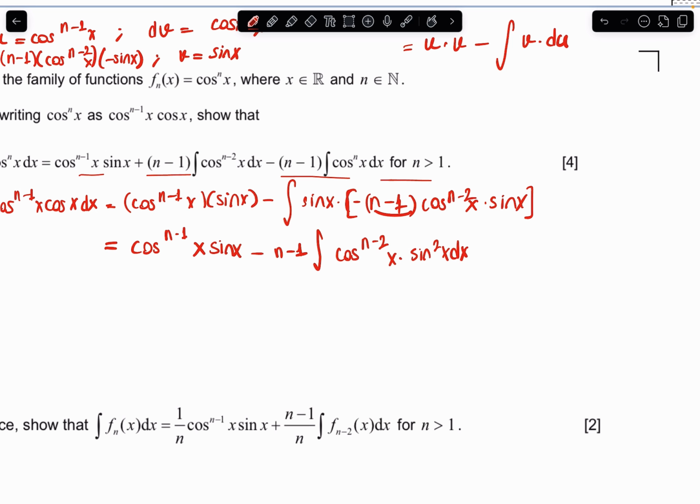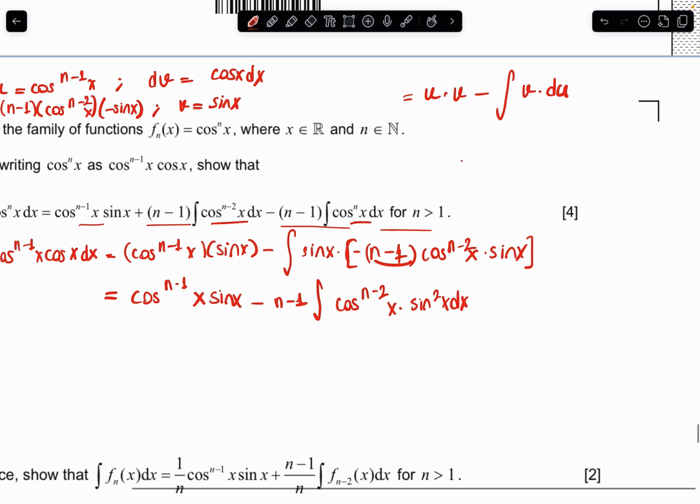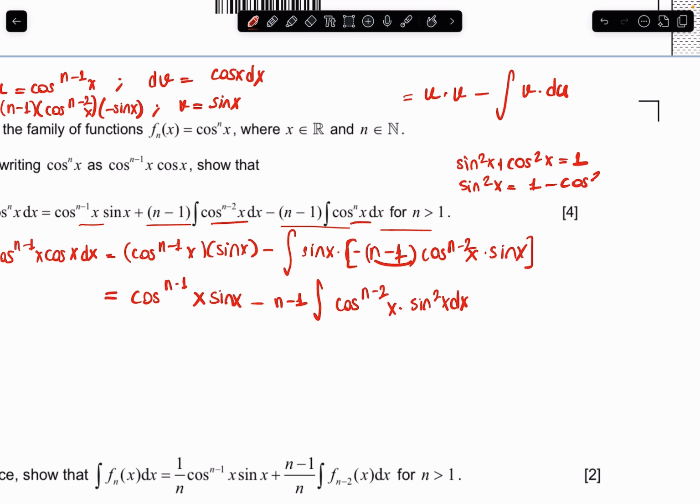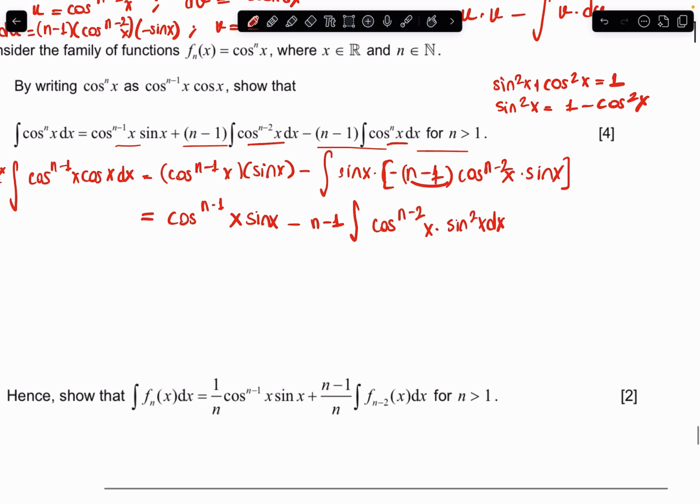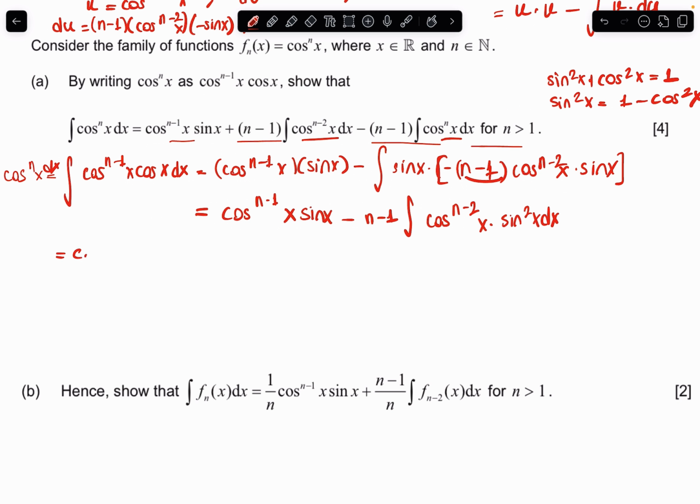At this time I know that I have to write everything in terms of cosine x, and I know that sine squared x plus cosine squared x equals 1, so sine squared x essentially equals 1 minus cosine squared x. That is what I'm going to write in place of that.